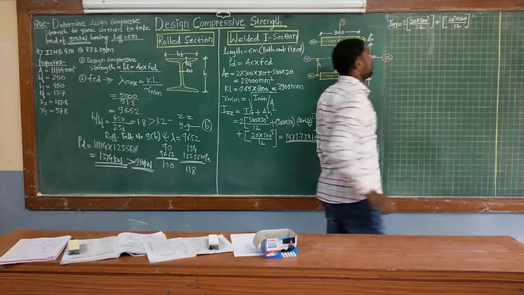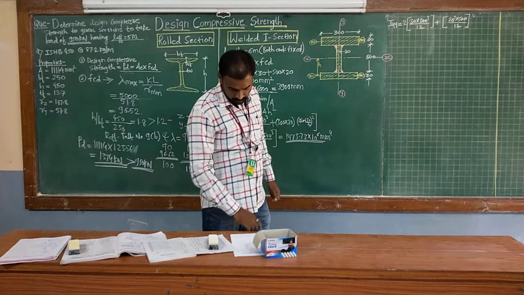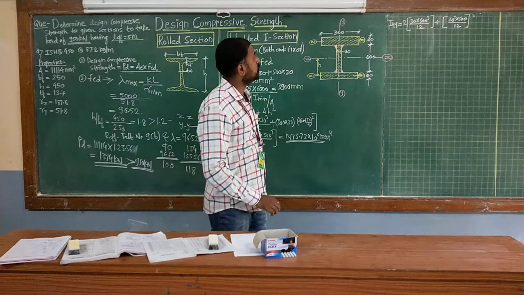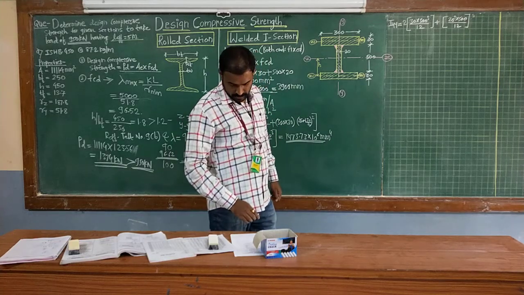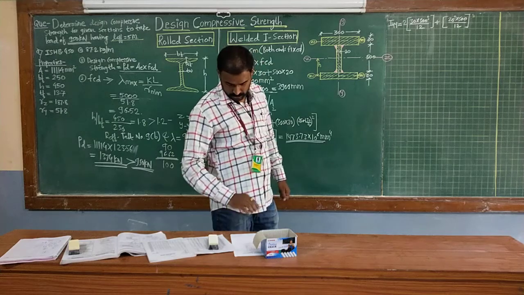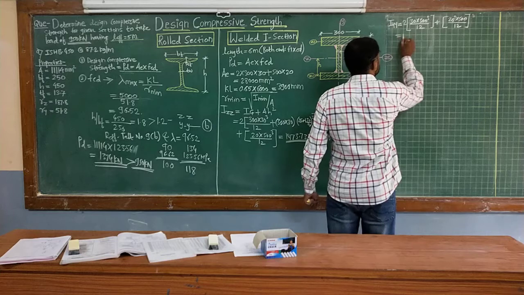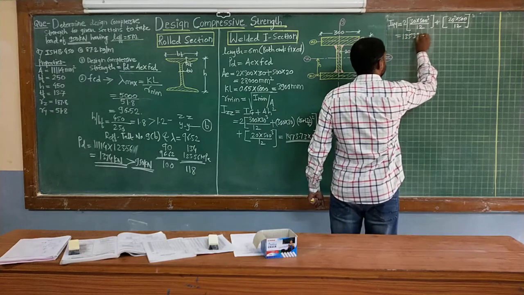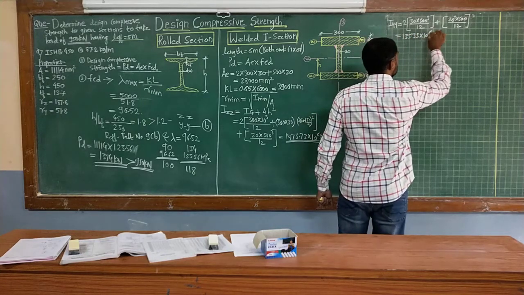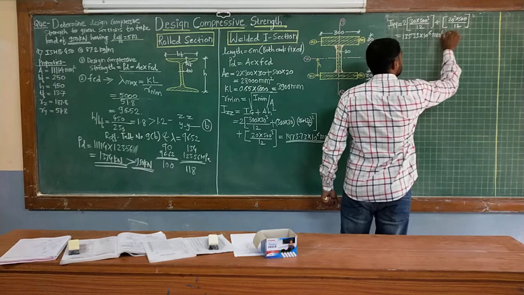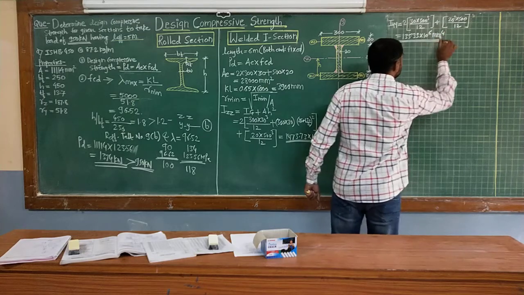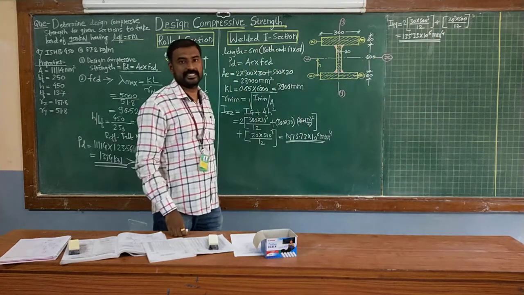So web portion is single, 20 into 300 cube and 20 cube into 100. So the answer is 135.33. So final answer is 135.33 into 10 raised to 6 mm raised to 4. So this is the second moment of inertia for the y side, correct?